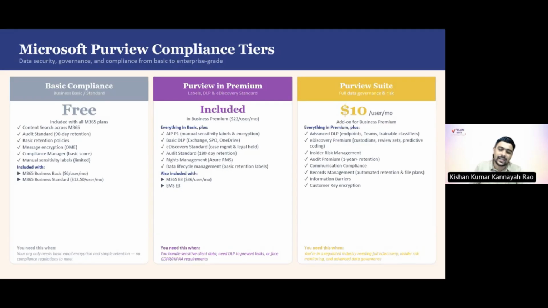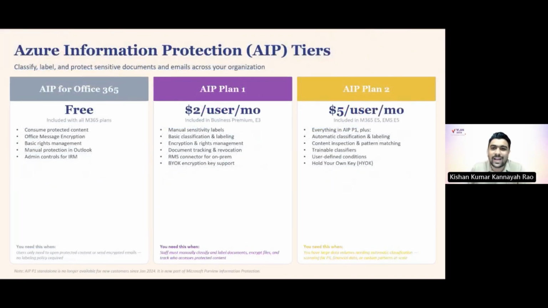All of it your IT admin can access. If you're going for Premium, then you get the mid tier. And if you are enterprise level, then you can go for Purview Suite. So that's the when-you-need-it part, because I didn't create a proper when-you-need slide since it's not really necessary as a standalone license.